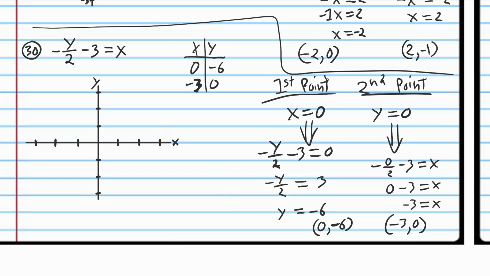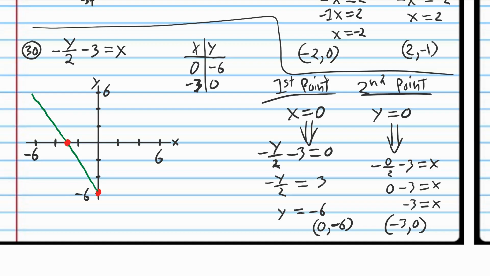So we'll make it 6. 0, negative 6 is here, and negative 3, 0 would be here, because again, each one of these divisions is 2, so it would be 2, 4, 6. So this would be 2 here, and then we have to go one more to get to 3. And connect those dots.